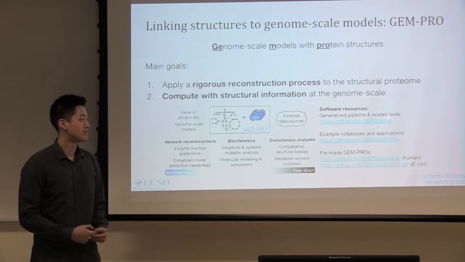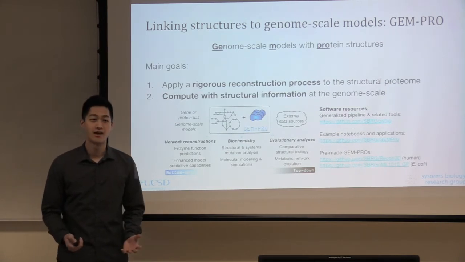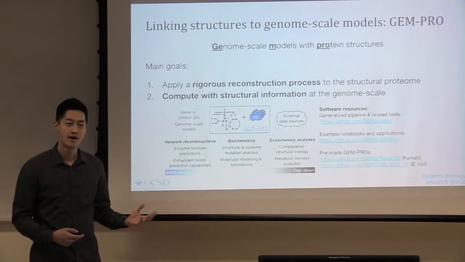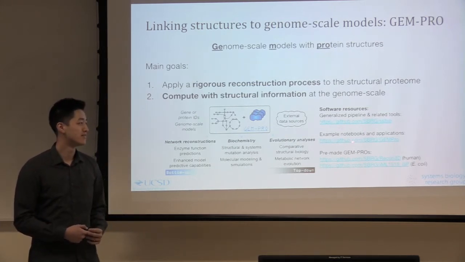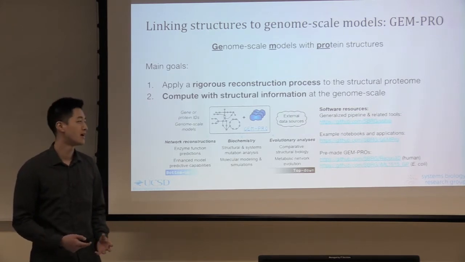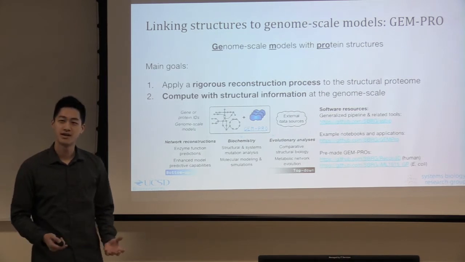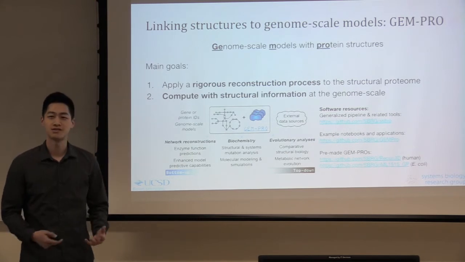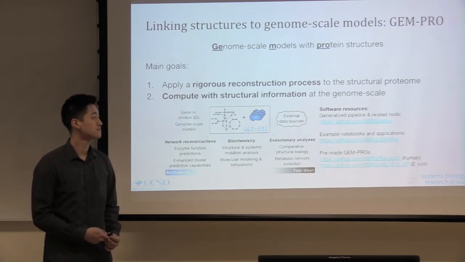On the right here are some software links that are accessible to you in terms of running the GEM-PRO pipeline or looking at specific application notebooks, Jupyter IPython notebooks that we have, as well as pre-made GEM-PROs for human, which recently came out, and E. coli, and the newest reconstruction of E. coli.